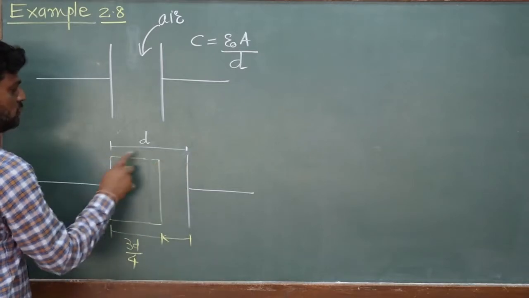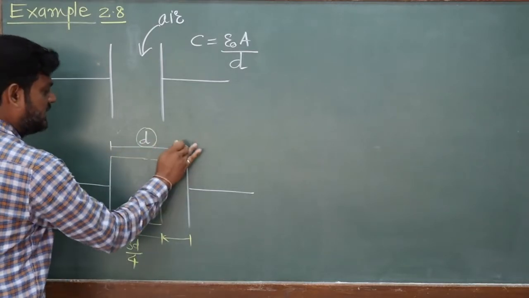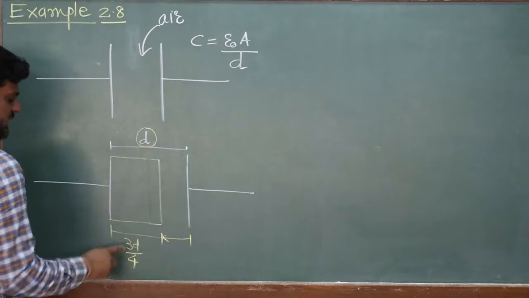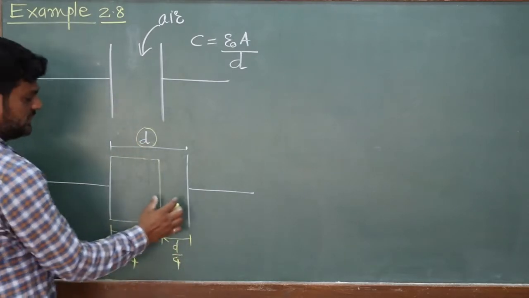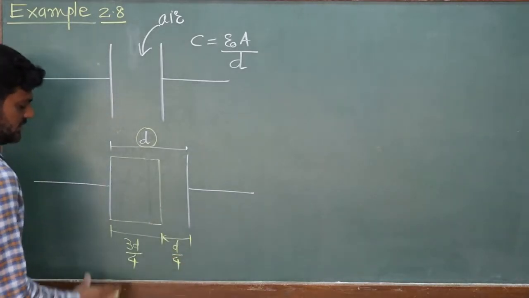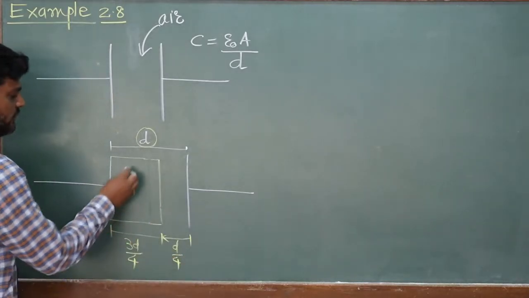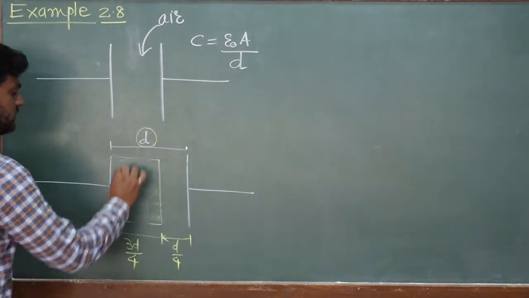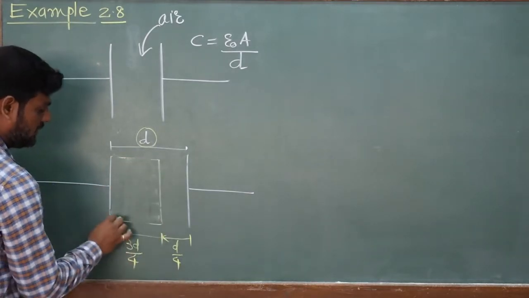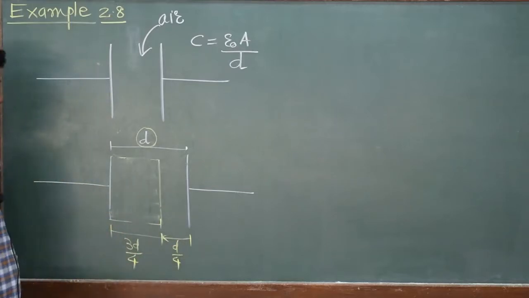If the distance between the two plates is D, then D minus 3D by 4 gives D by 4. So this distance is D by 4, this distance is 3D by 4. This is a dielectric slab, introduced between the two plates up to this distance.